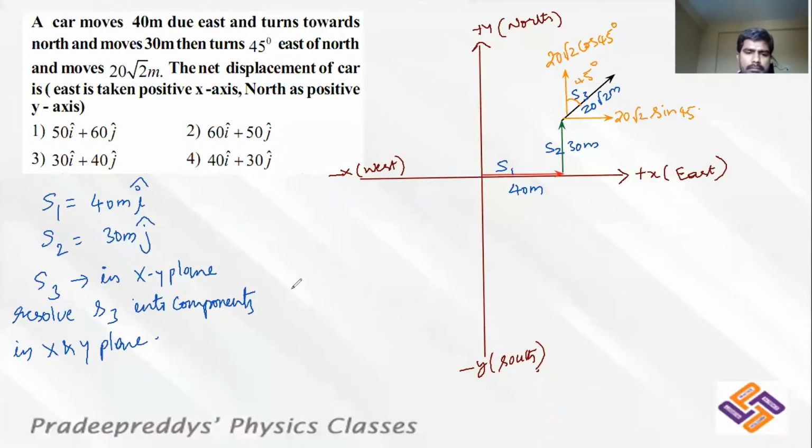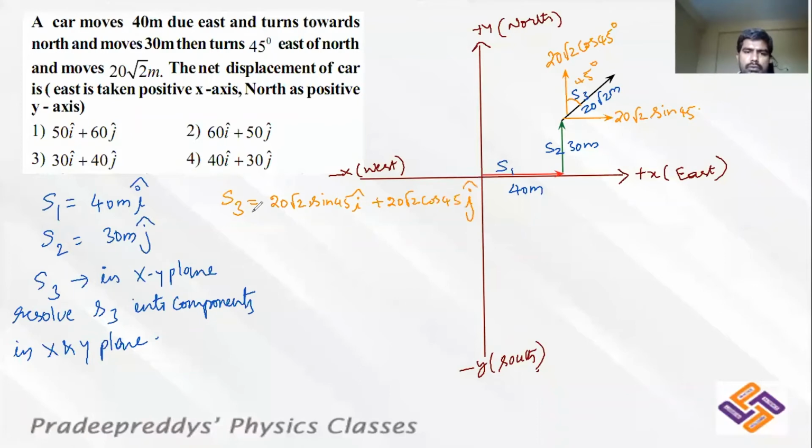In the XY plane, you can resolve this S3 and write S3 vector as 20 root 2 into sin 45 i cap plus 20 root 2 cos 45, and that component is along vertical, so I write it as j cap.